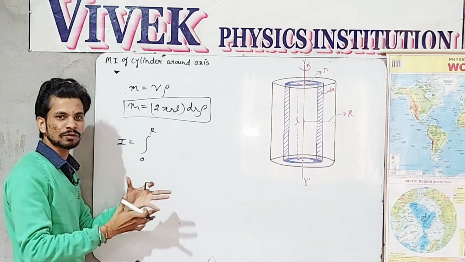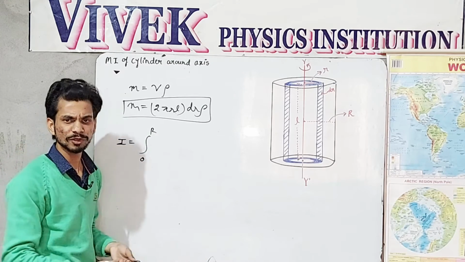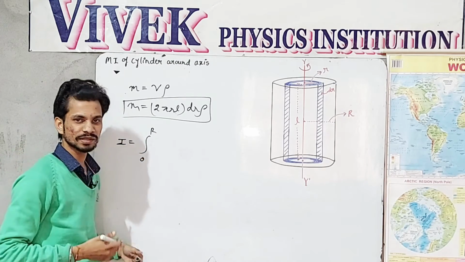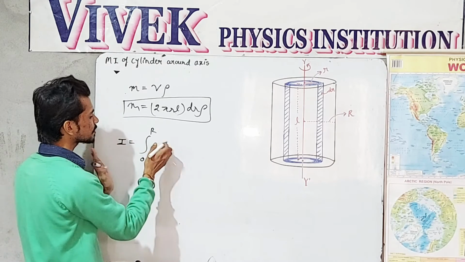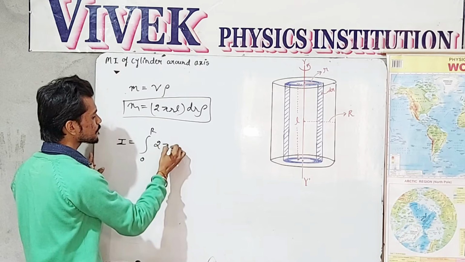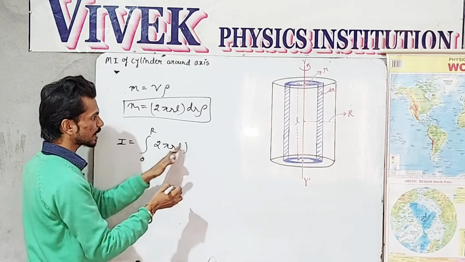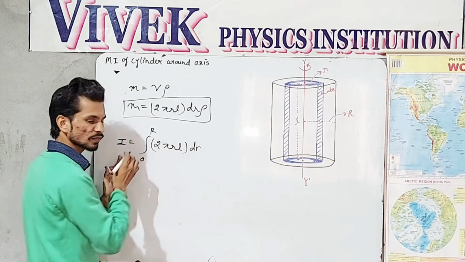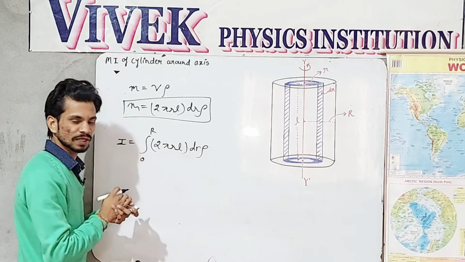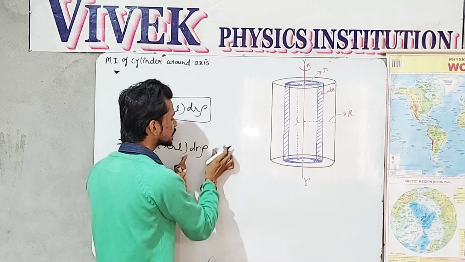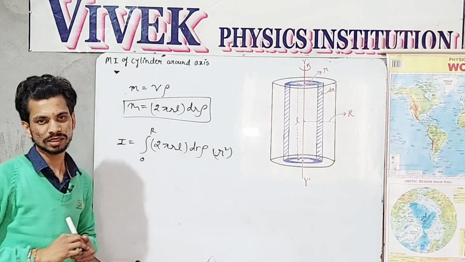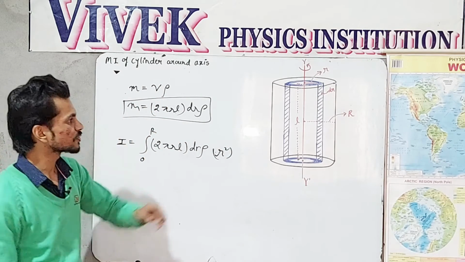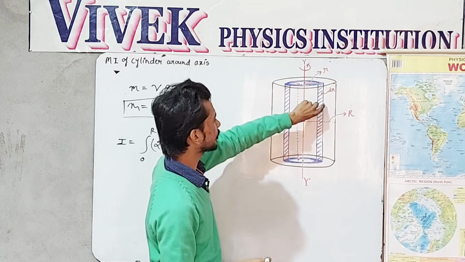From the definition of moment of inertia, mass multiplied by distance squared gives me the respective MI. So what is the mass of this particular cylindrical shell? This is 2 pi R L dr times rho. If I multiply with the distance squared, then I get the MI. What is the distance of this particular shell?